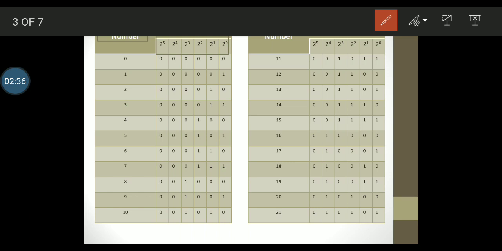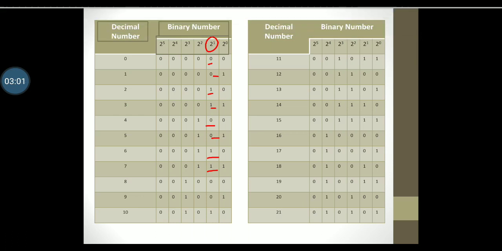The second column is labelled 2 raised to 1, which equals 2. So you begin by writing 0 twice, followed by 1 twice. Again 0 twice, followed by 1 twice, and alternate between groups of 2 zeros and 2 ones respectively.